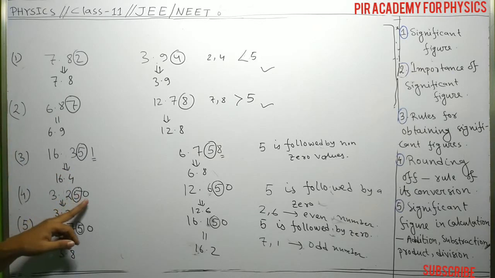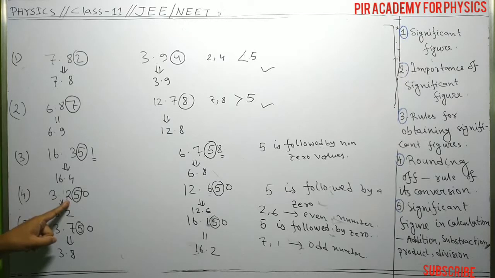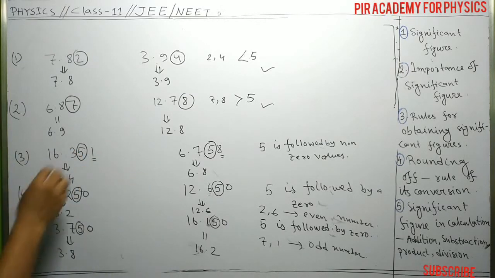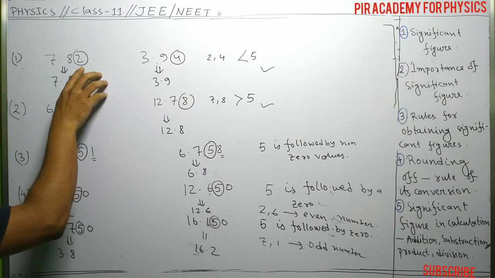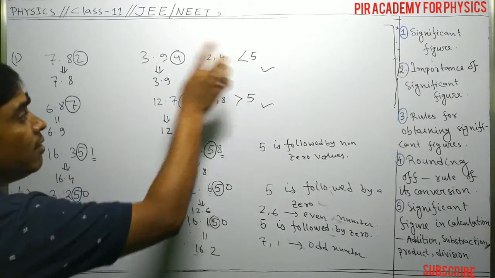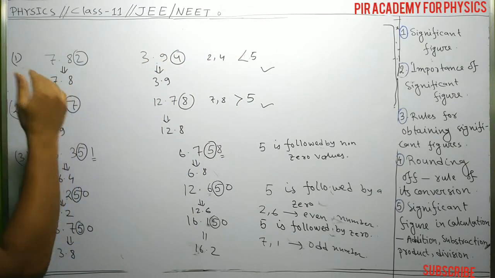If it is followed by 0, then if the preceding number is even, it will be unchanged, and if the preceding number is odd, it will be raised by 1. Understand what rounding off is? Rounding off is very easy. If you want to drop values that are less than 5, then the preceding number will be unchanged.